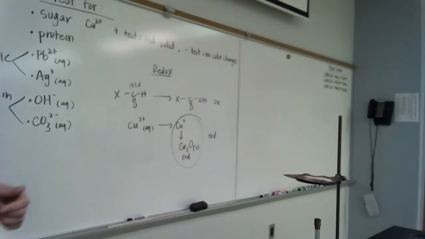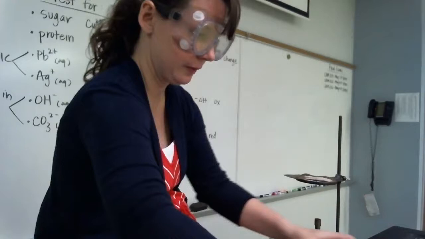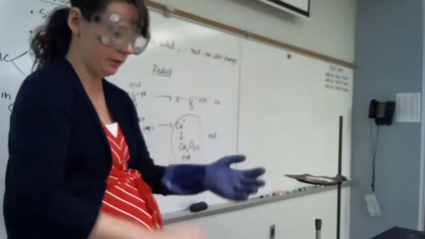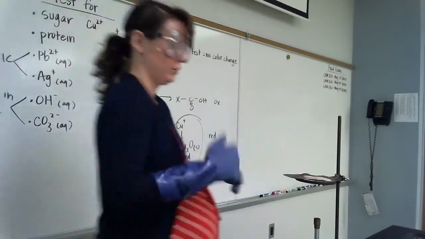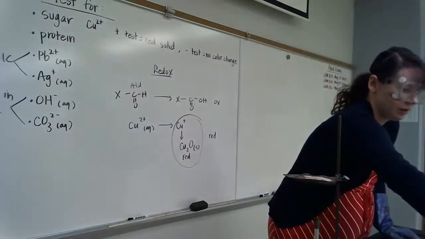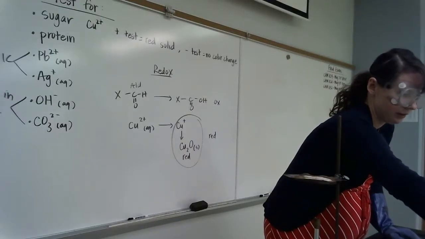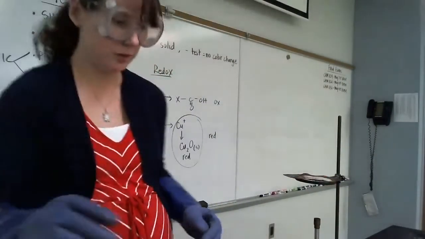So there's my Bunsen burner. Let's get gloved up. Turn on some heat. Way too high, you can hear it, right? It's way too high. Just want a small source.